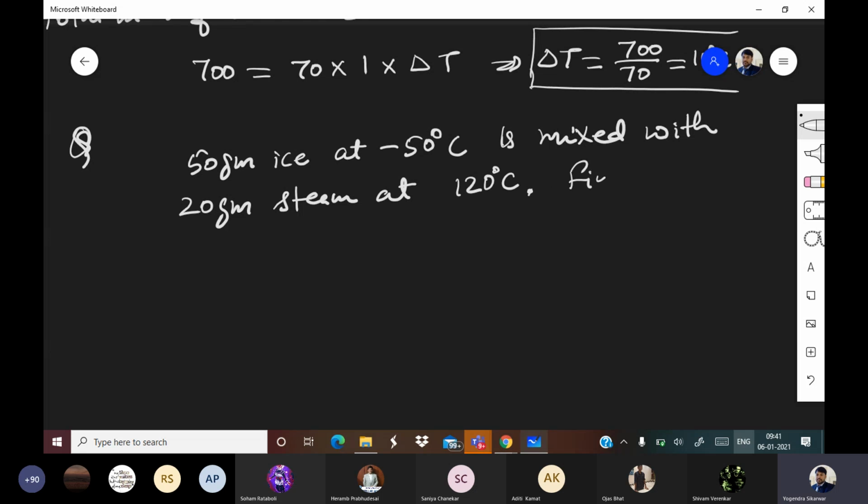Nice question. Find the final temperature and composition of the mix.